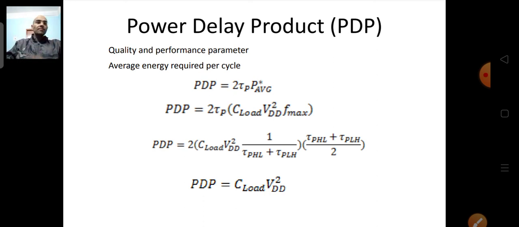At least that much time it should be there. Okay, so that is why we have used the highest frequency. That's the reason for using the maximum frequency. If you use some other frequency, then you may get the wrong result. So if you use this, then your power delay product will come something like supply voltage square into load capacitance.